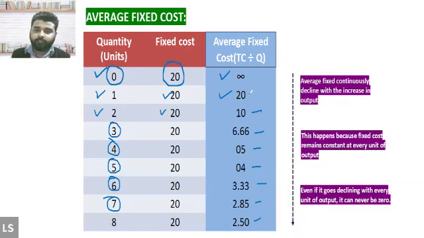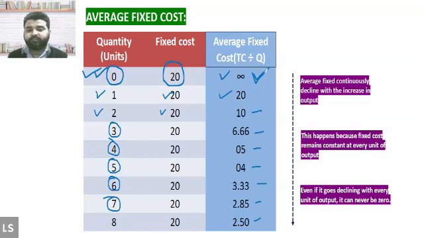Number 1. Similarly, it also does not touch the y-axis, because it can touch the y-axis only when at 0 unit of output we can present the average fixed cost on the diagram. But at 0 unit of output, average fixed cost is infinity, and infinity cannot be presented on the diagram.